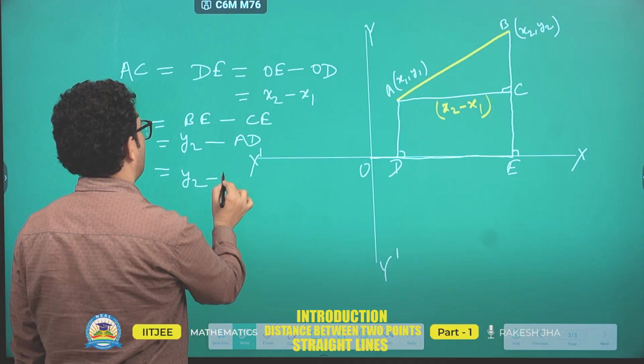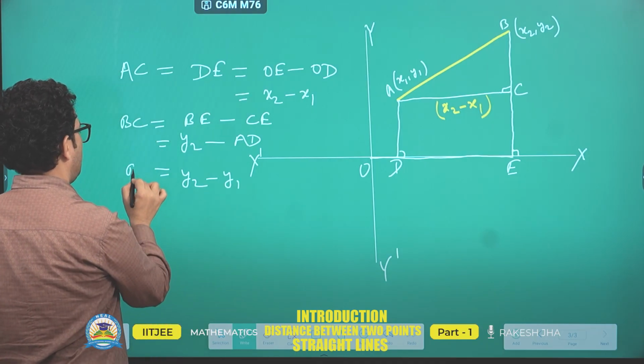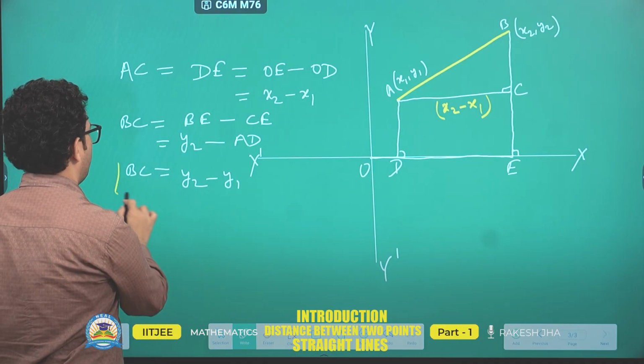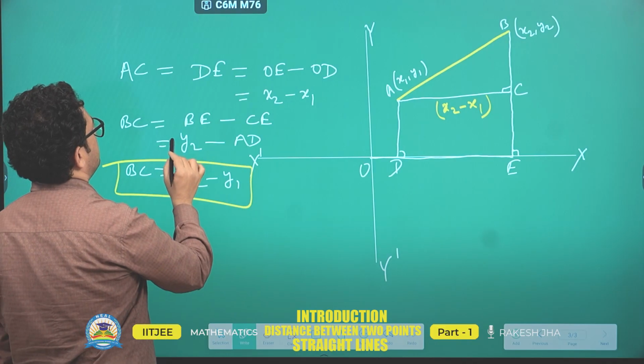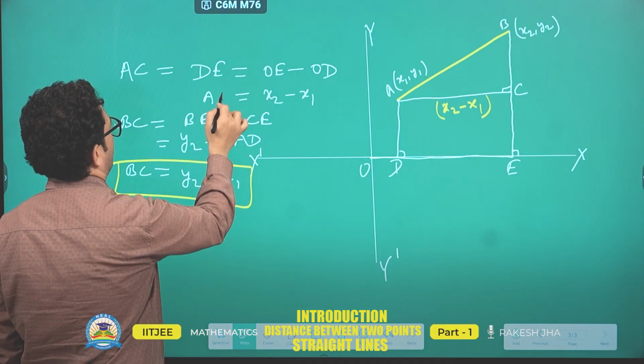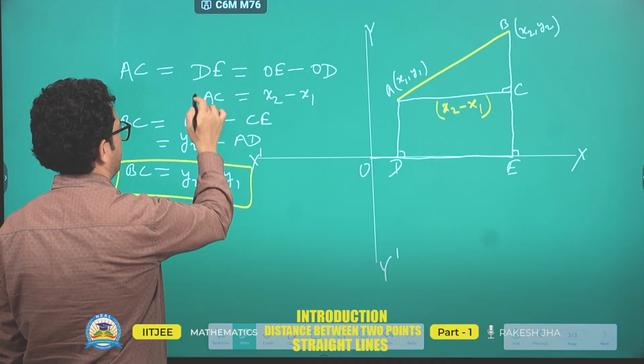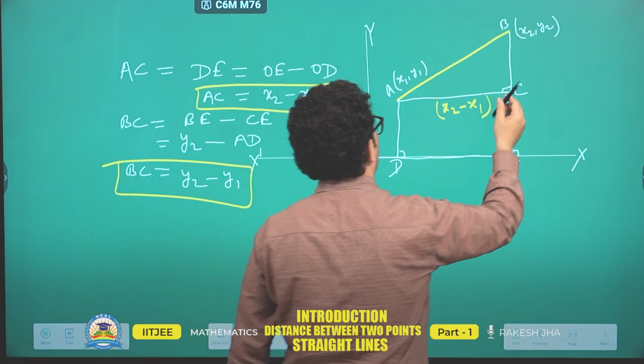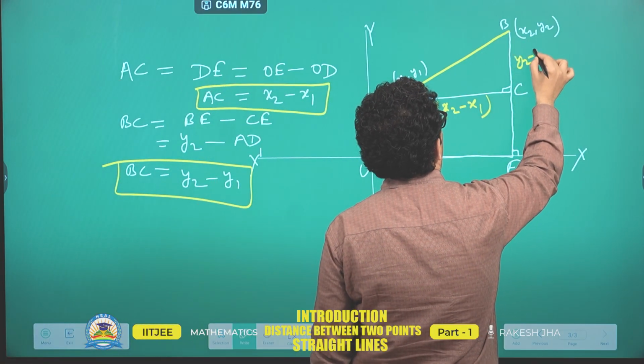AD is nothing but Y1. So BC length we got Y2 minus Y1, and AC length we got X2 minus X1.